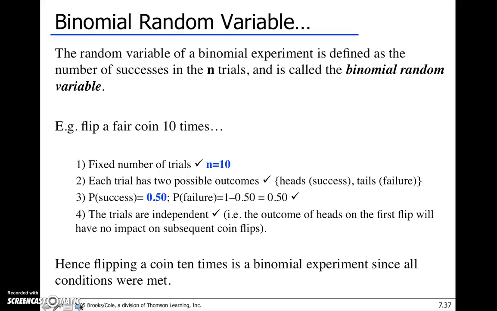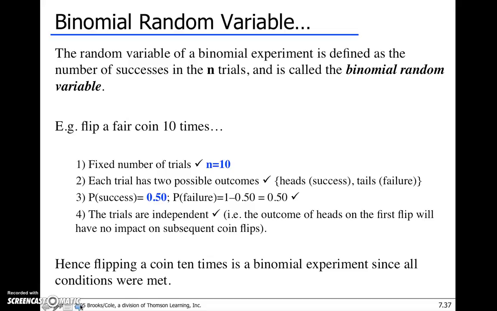The random variable of a binomial experiment is defined as the number of successes in n trials and is called the binomial random variable. Example, flip a fair coin 10 times. 1. The fixed number of trials, n, is equal to 10. Check. Each trial has two possible outcomes, heads, success, tails, failure. Check.